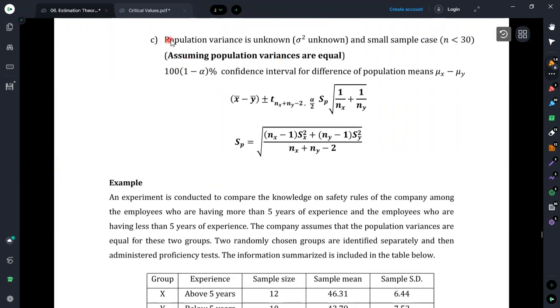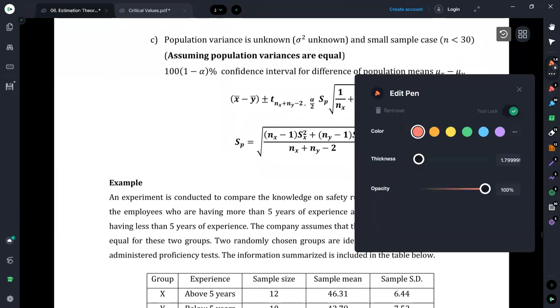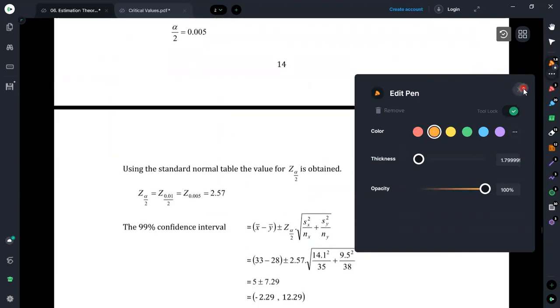The third part is where the population variance is unknown, still with small samples. First, let me summarize what we have discussed so far for the two samples case.